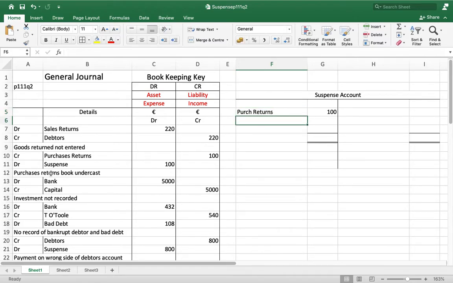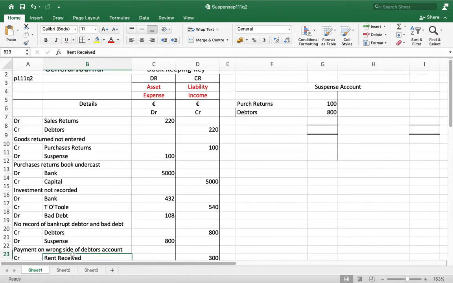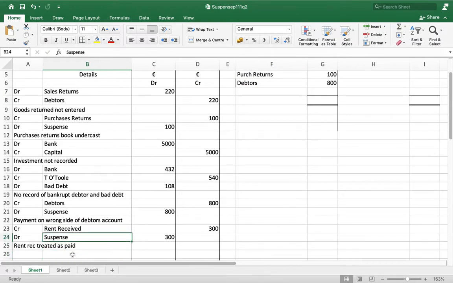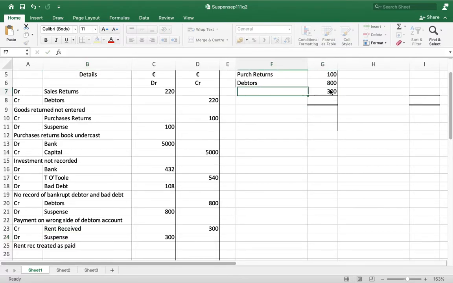Next one. No suspense, no suspense. Oh, suspense here. So debit suspense 800, and the other account is called debtors. Okay, next, and then the last one there was suspense of 300, and the other account is called rent received.